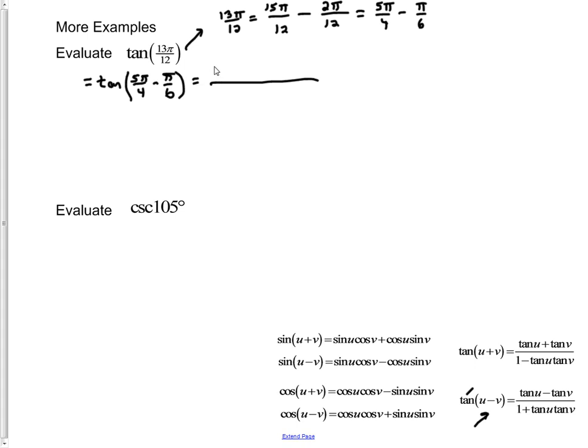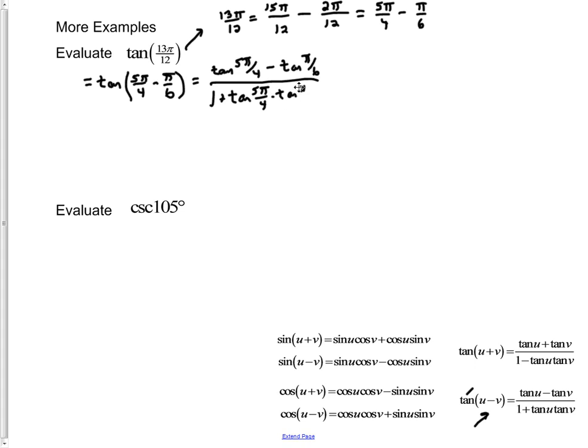And in the numerator, we'll be taking the tangent of 5 pi over 4 and subtracting from it the tangent of pi over 6. And in the denominator, we'll be taking 1 plus the product of the tangent of 5 pi over 4 times the tangent of pi over 6.